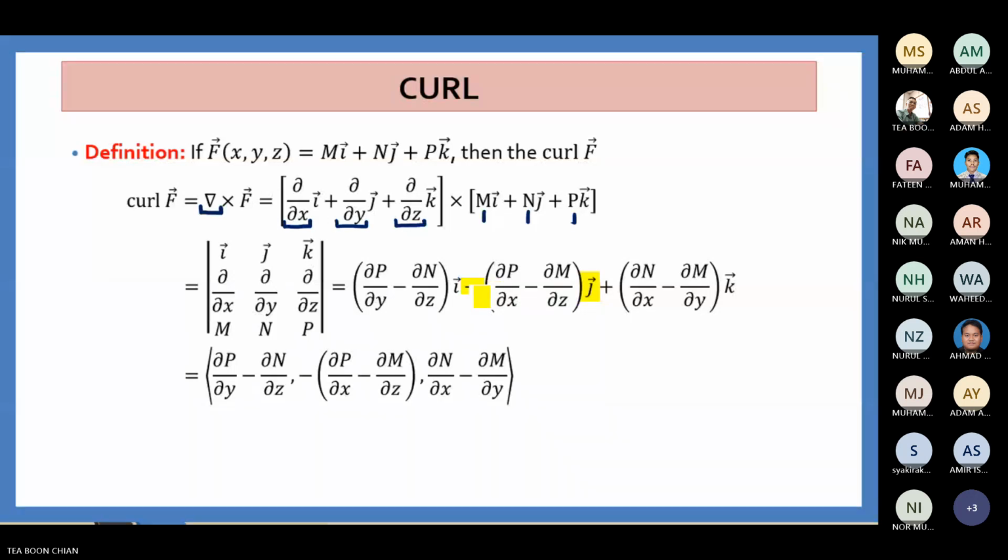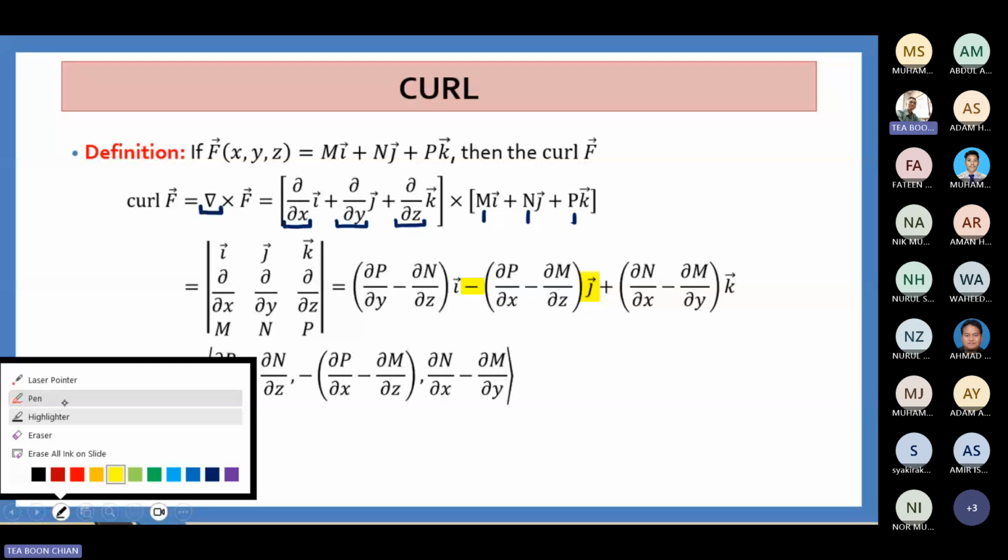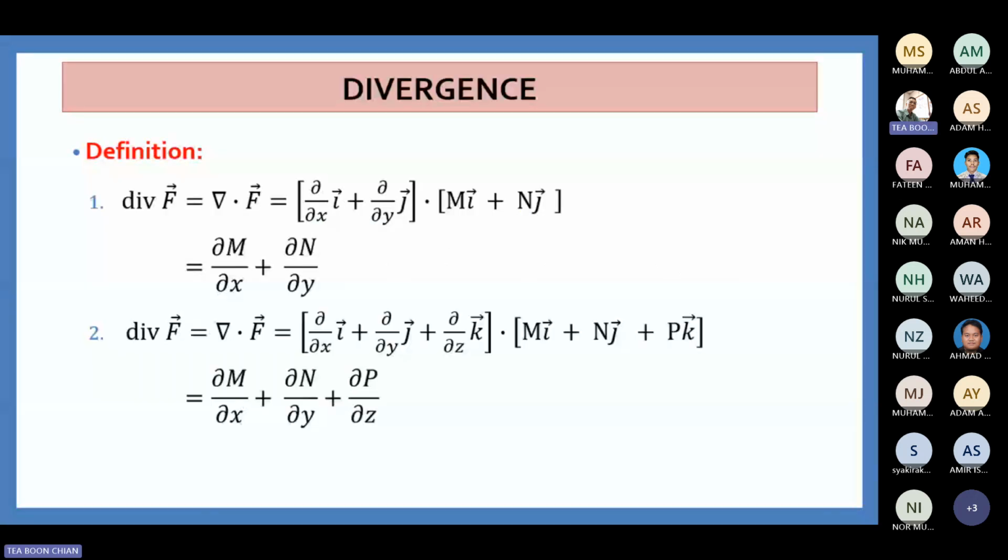Finally, divergence. Divergence, this term div by itself, means del dot, the dot product. Whenever we have a dot product, we are multiplying component to component. Del multiply m over del x. Del multiply n over del y.